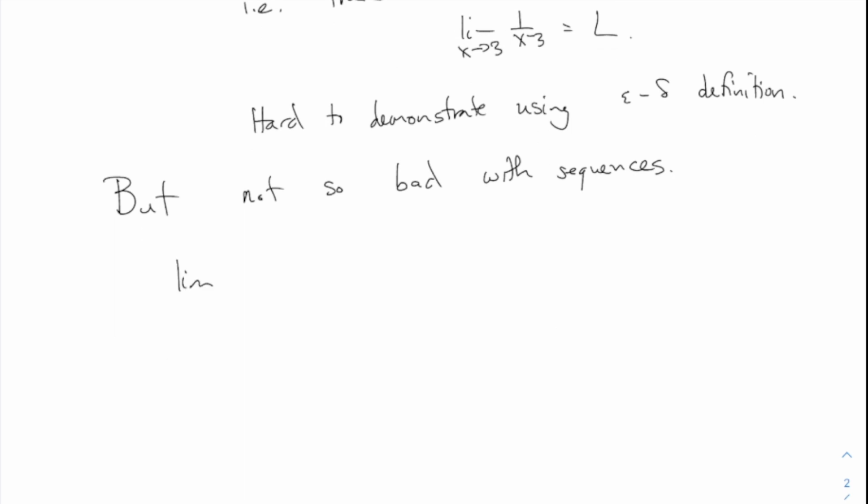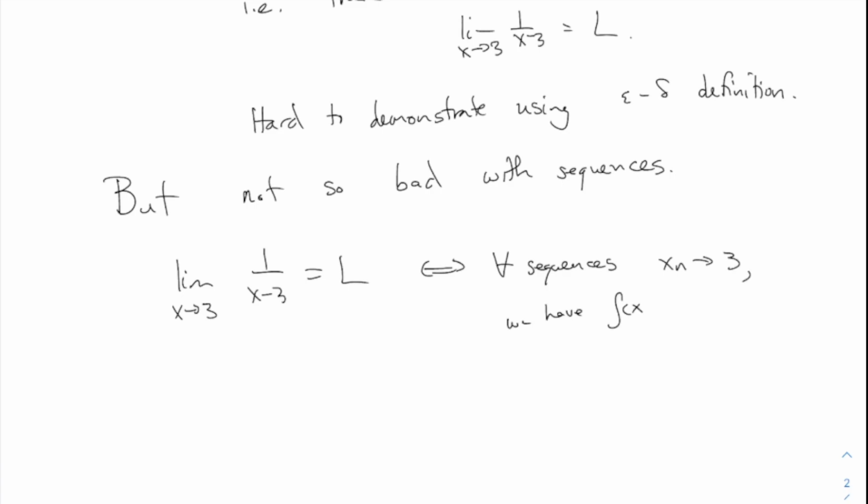For example, if we say this, lim x goes to 3, 1 over x minus 3 equals L. This is true if and only if, for all sequences xn approaching 3, we have, sorry, I don't want to use f. I will just write, what is the function in this example? It's 1 over xn minus 3 equals L, right?